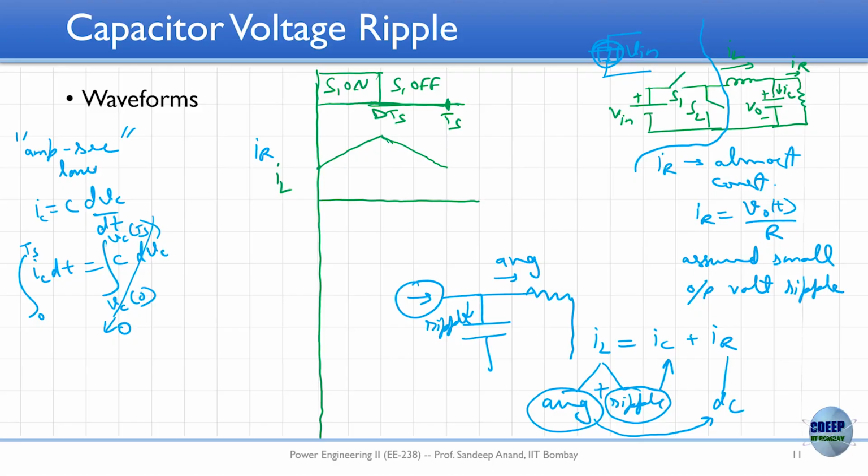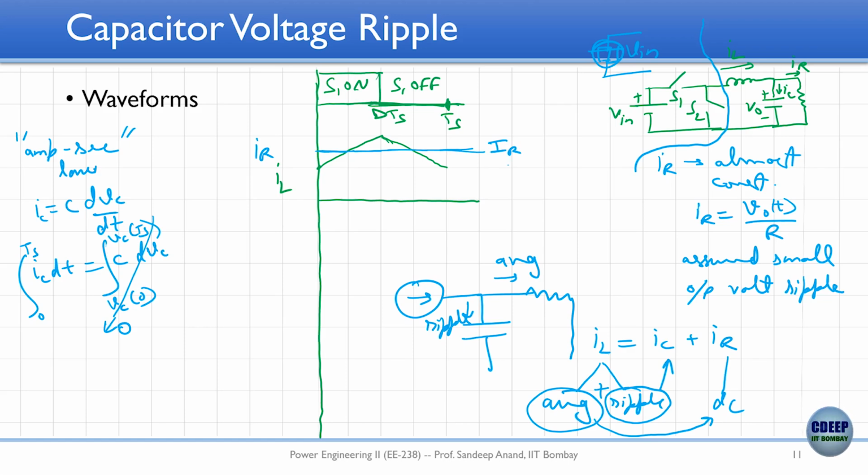Yes, ripple is IL max minus IL min. That's what we defined in the last slide. So now where should IR be in this picture? Let's come back to the question. It will actually be the average of this. It will be exactly in the middle, because this is the average.